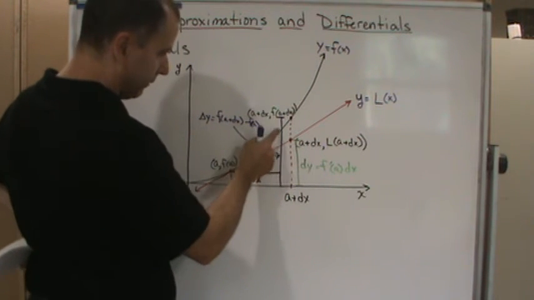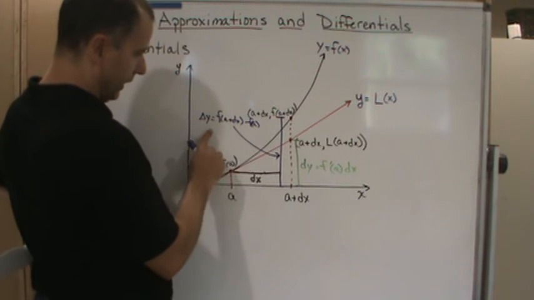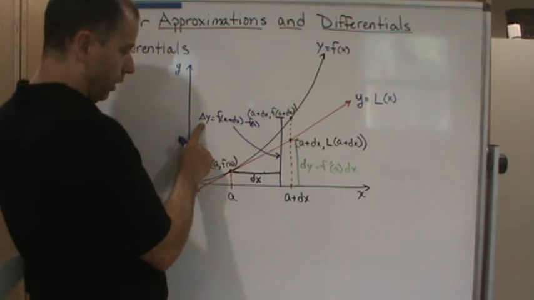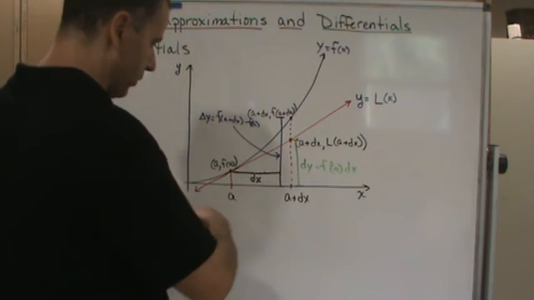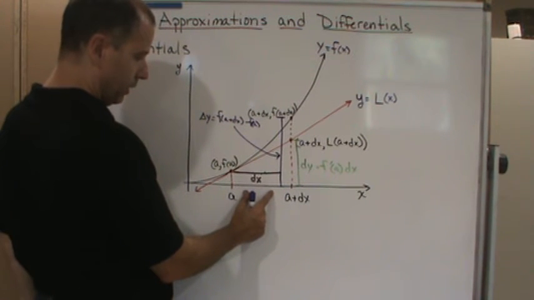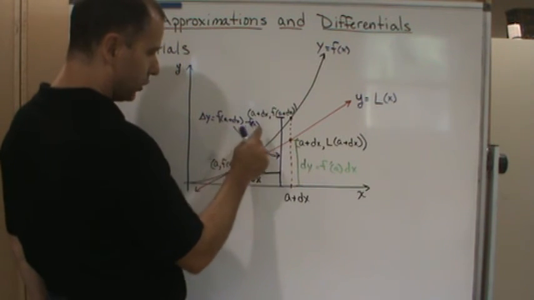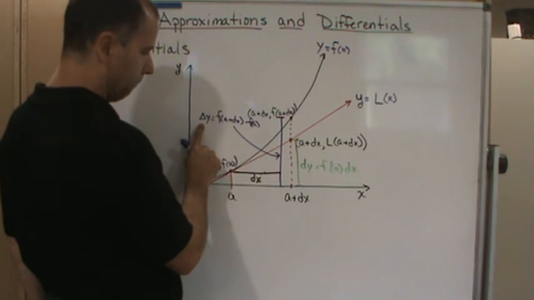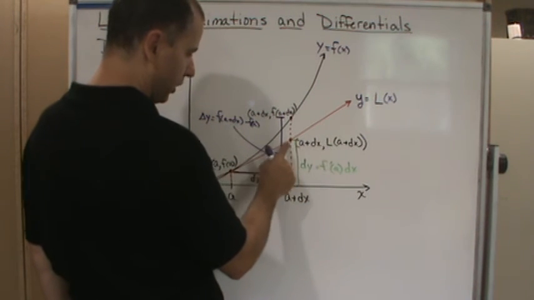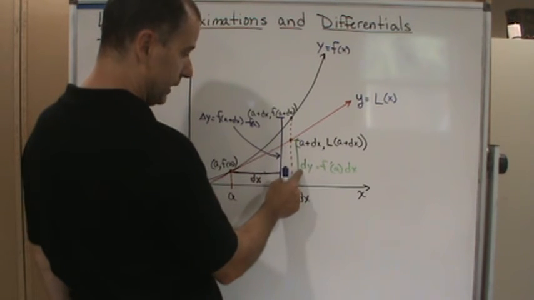Now the purple line from the actual function, this vertical distance, is actually delta y. So we could take a small change in x, delta x, or dx, and instead of using the actual change, delta y, we can use the linear approximation, and that turns out to be equal to dy.